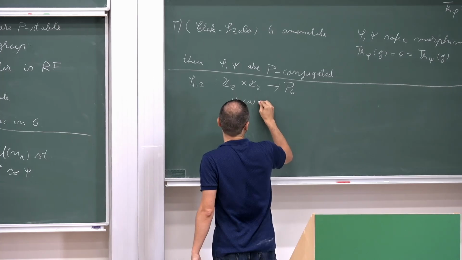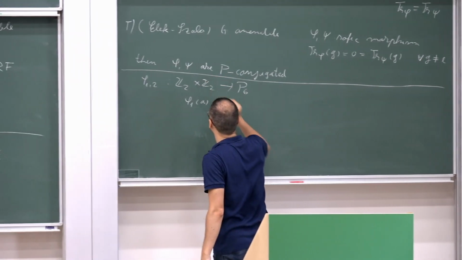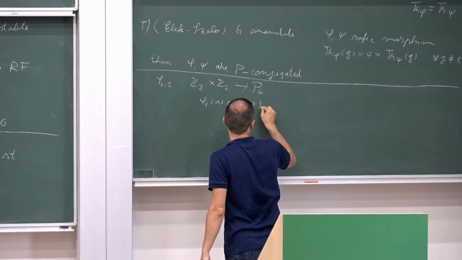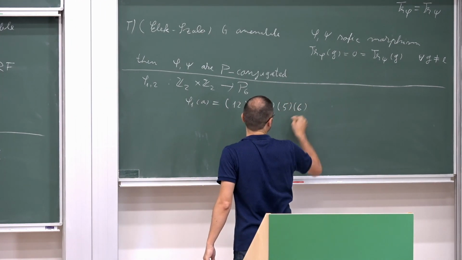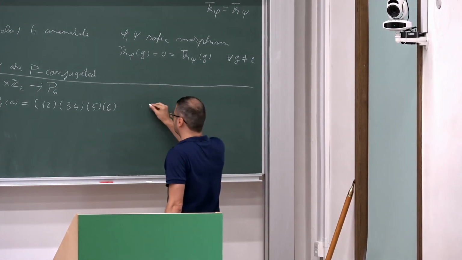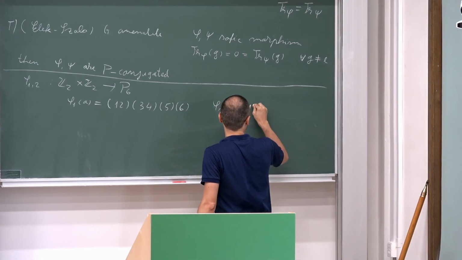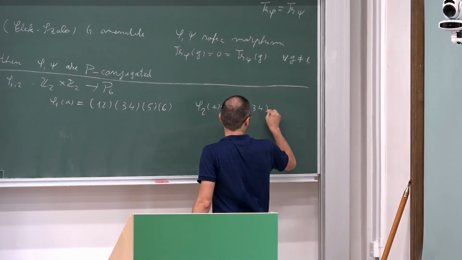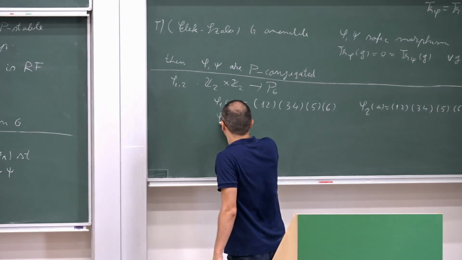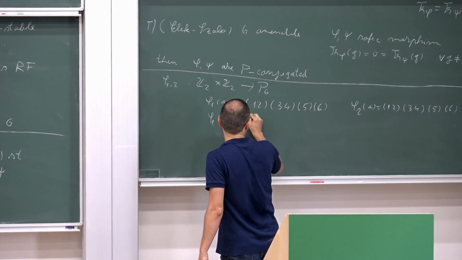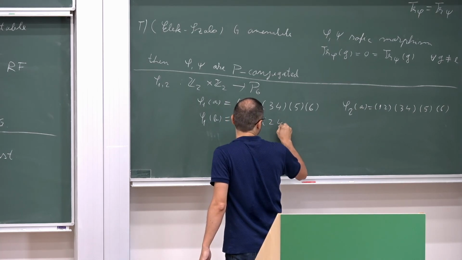Phi1 of A, I'm denoting by A, B, and C the non-trivial elements of this group. Phi1 of A will be a permutation composed of two cycles of length 2 and two fixed points. The same one will be Phi2 of A. So 1, 2 is a cycle, 3, 4 is a cycle, and 5 and 6 are fixed points. Phi1 of B will have the same cycle structure, but now I'm using 1, 3 as a cycle and 2, 4.